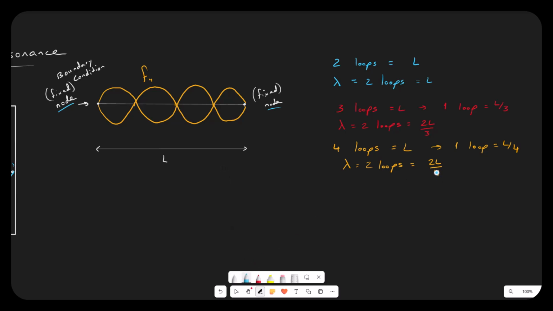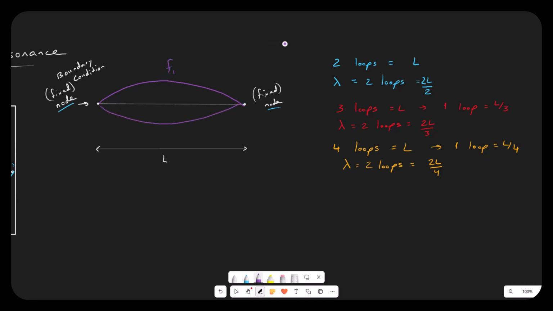But I wrote it as 2L over 4 for a reason. I have 2L over 4, 2L over 3, and then L. What if I write L as 2L over 2? I've got kind of a pattern going here. I'm going to erase this one and look at just one more. I started with 2 loops. That was my first one to draw. I could go from a node to a node in 1 loop.